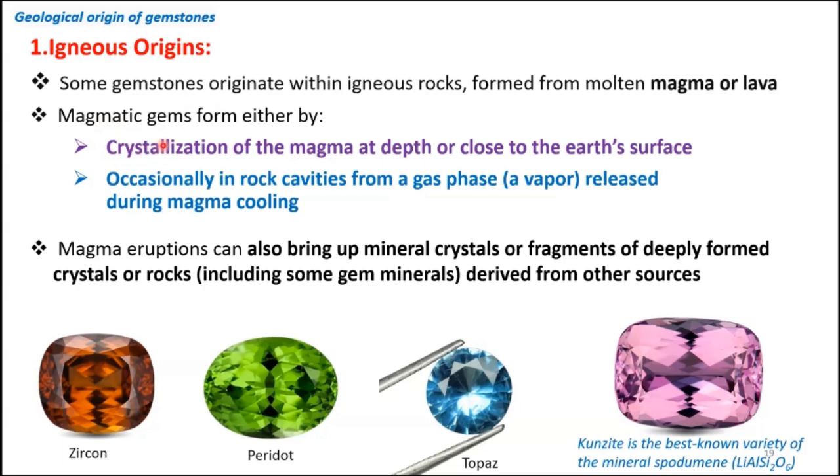Here I have listed that sometimes gem quality stones or minerals can crystallize directly from magma during crystallization of magma within the earth's interior. Occasionally, during crystallization of lava, there can be a high dissolved gas content.